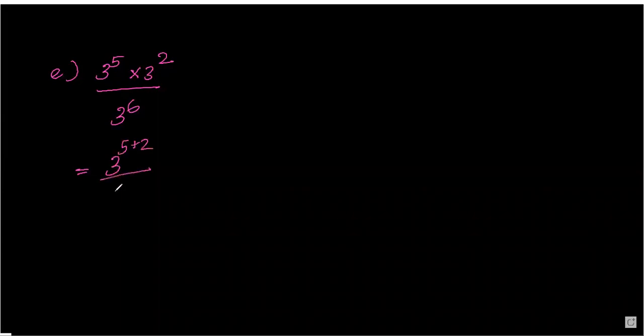Below the line 3 to the power 6. 5 plus 2 that is 7. 3 to the power 7. You can bring this over the line. Then bases are same. Division means minus 6. 3 to the power 1 is the answer here. 3 to the power 1 means the answer is 3.